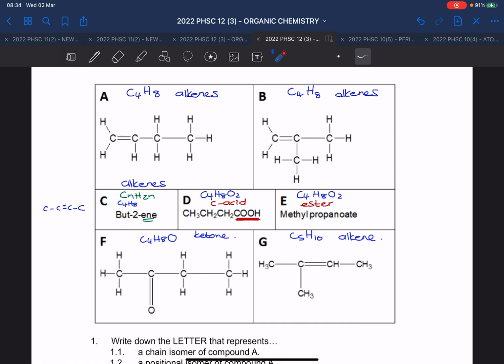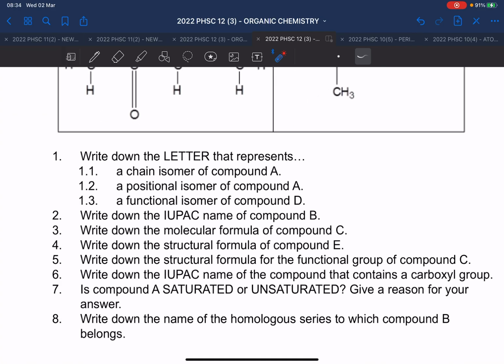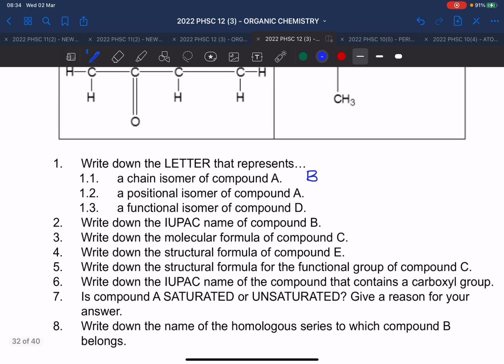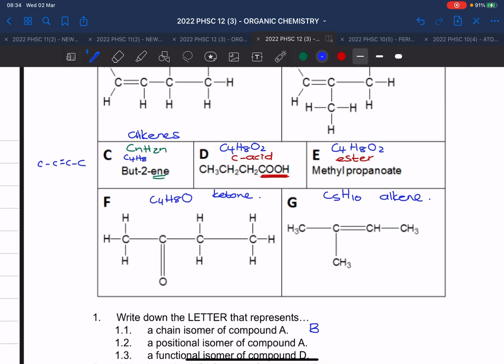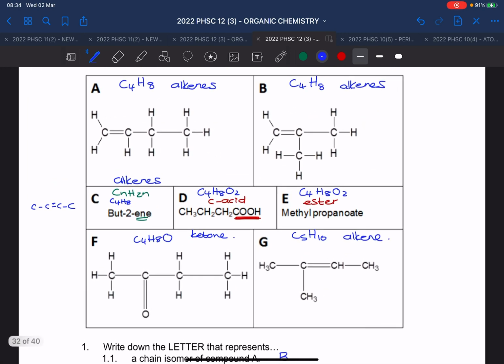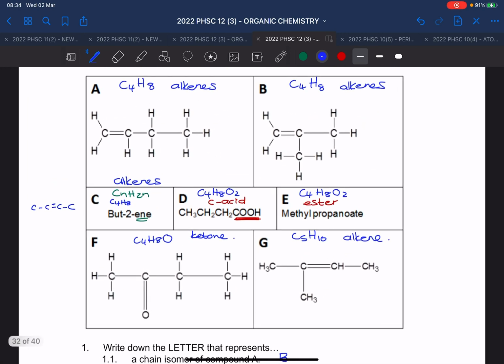This is butane, this is propane, so they are chain isomers, so then it will be B. Then they ask for a positional isomer of compound A. We saw it will be C because the position of something changed.